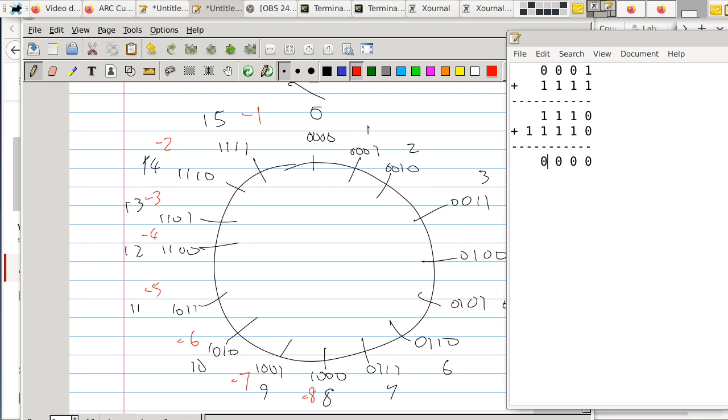So 1 plus -1 is 0. It all works out in a very strange way, right? What about that overall carry? We just ignore that, because when you are talking about a 4-bit by 4-bit addition, the result has to be limited to only 4 bits.